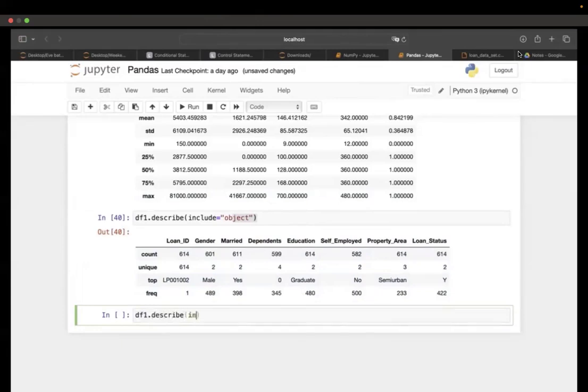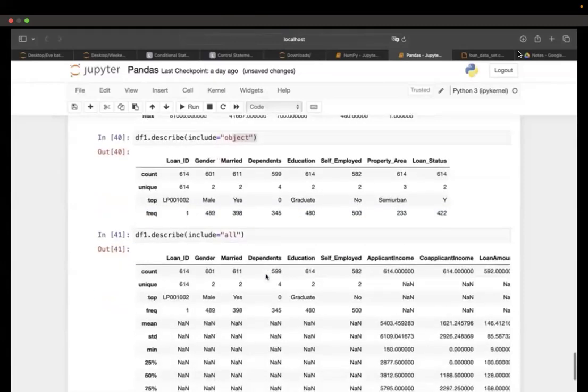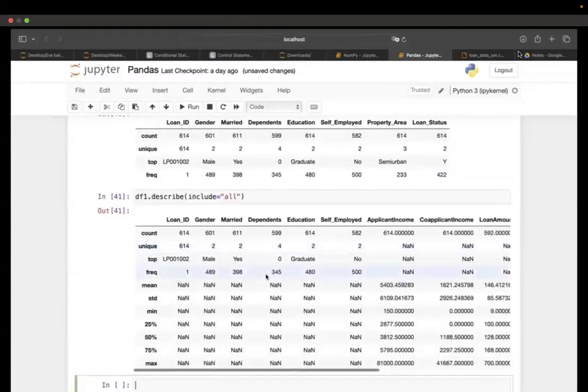Inside that, you are writing include all. If you notice, if you give this command, it is going to pick up all the features for you. And according to the statistical approach relatable to those features, it will give the answer in that particular cell. The rest of the cells are going to get filled with NaN.